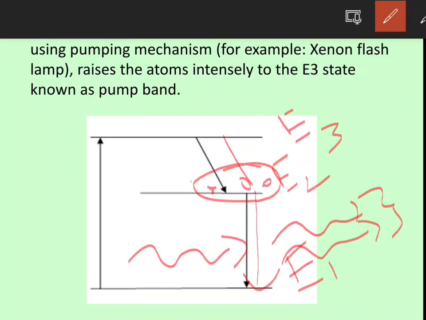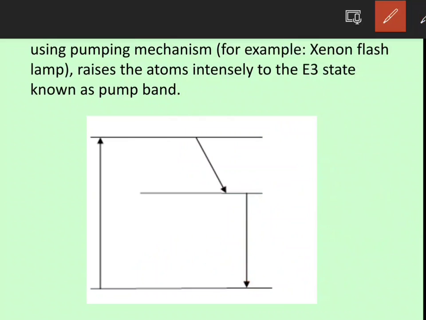So here the transition that takes place between E2 to E1 is a radiative transition. That means for 1 photon of energy they emit 2 photons of energy. So simply, the transition from E2 to E1 is nothing but a radiative transition, and which is laser light.